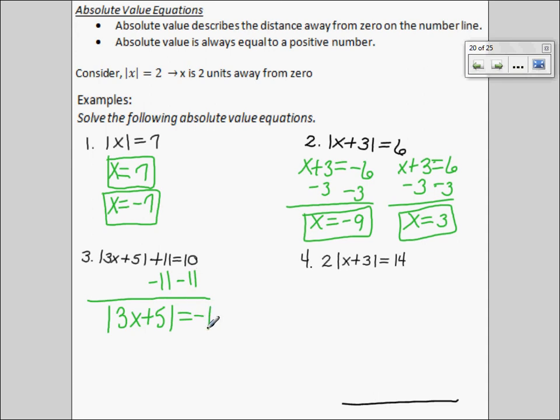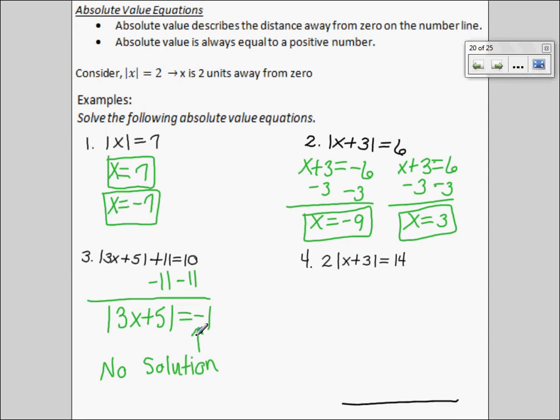Now the important thing to note here is that this will have no solution, and as you may guess, it is because of the negative. The negative keeps us from having a solution, because absolute value is the distance from 0 and cannot be negative. It can only represent a positive number. So that negative tells us no solution.